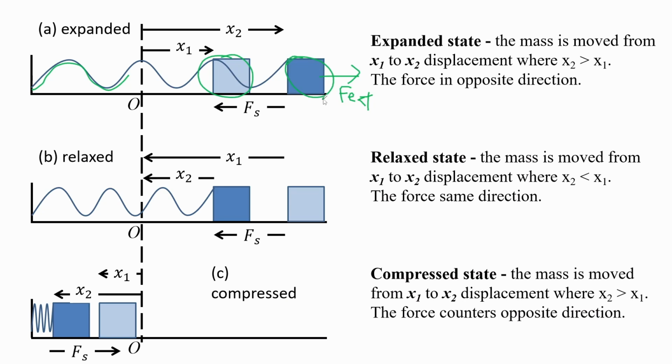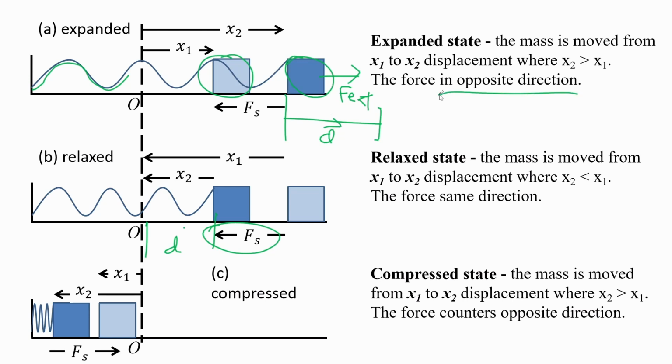The next one is the released state. When it is released, the mass is moved from x1 back to x2. The force is in the same direction as the displacement D. Here, the force is opposite to the direction of the displacement. Okay?